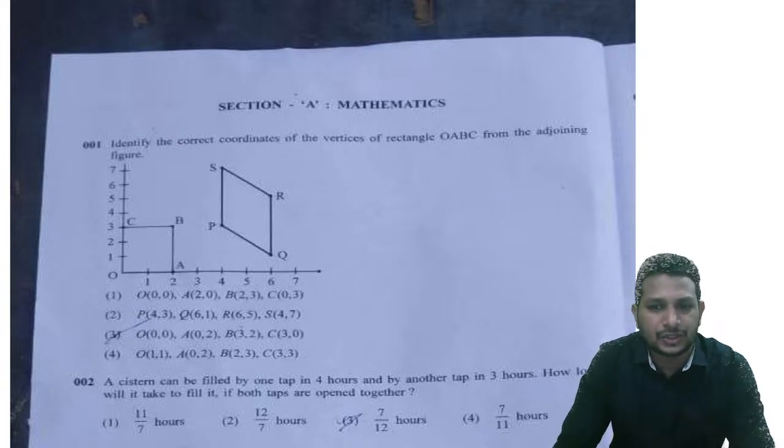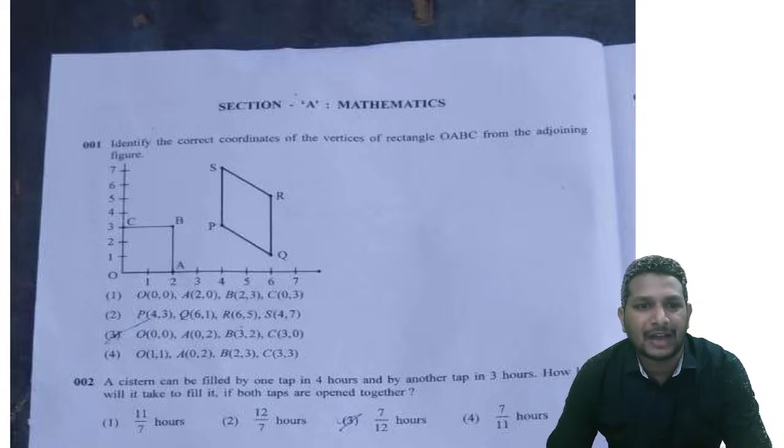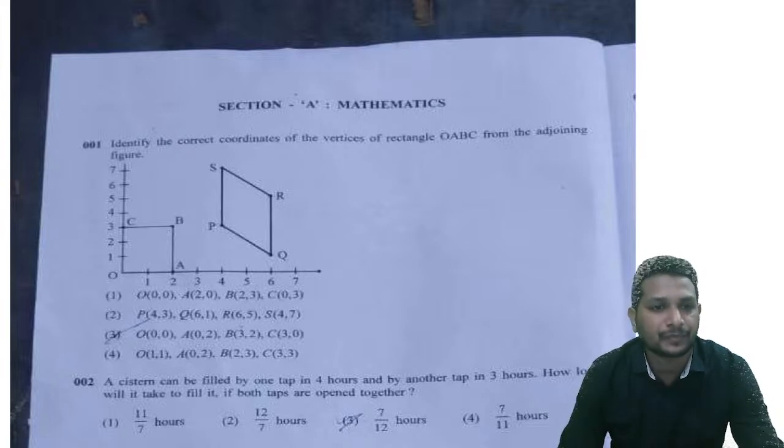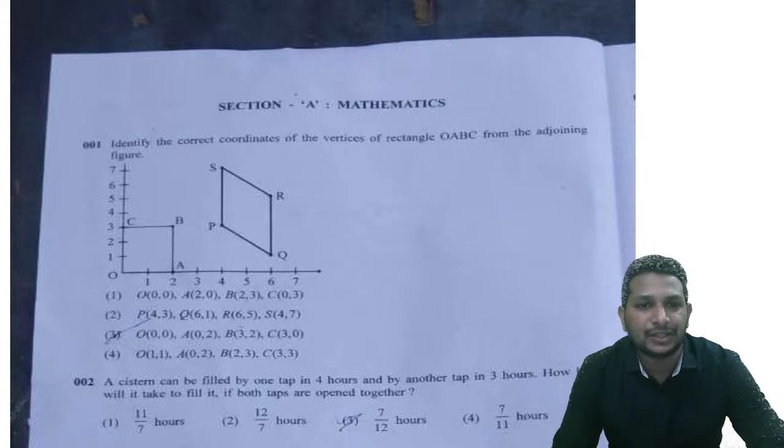In this mathematics part, if you observe the first question: identify the correct coordinates of the vertices of rectangle OABC from the adjoining figure. They gave a figure here, which is a graphical way. They're asking only for the rectangular part OABC.